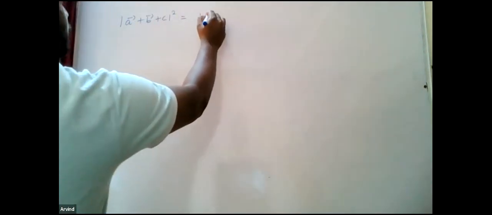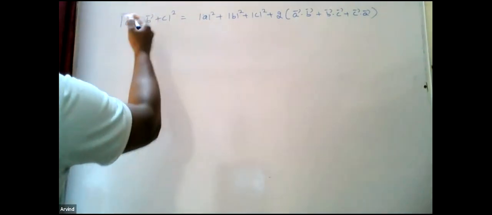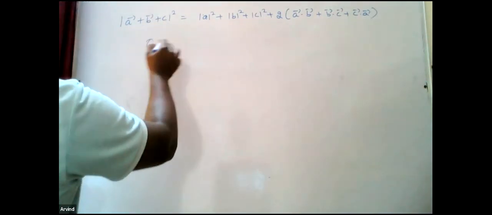Modulus of A plus B plus C the whole square will be equal to mod A square plus mod B square plus mod C square plus 2 times A dot B plus B dot C plus C dot A. I'm going to use this formula. It is A plus B plus C the whole square. So A plus B plus C is 0. If it is 0, modulus of it is also 0. So this becomes 0.